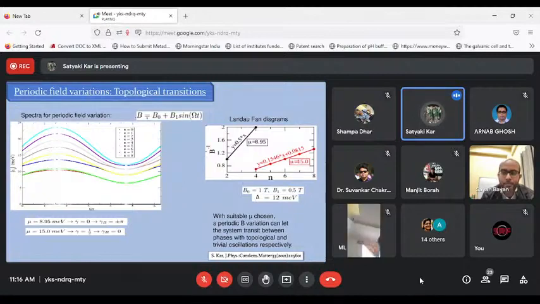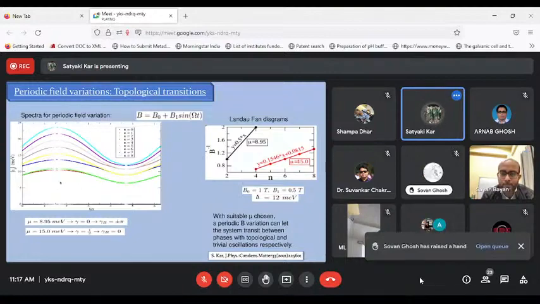You can consider a periodic drive in some particular range and repeat these changes in the field, and by doing this driving you can access these two different topologies and the transitions between them repeatedly. So this is a nice thing for this problem. We can access these topological transitions periodically with such a periodic drive.